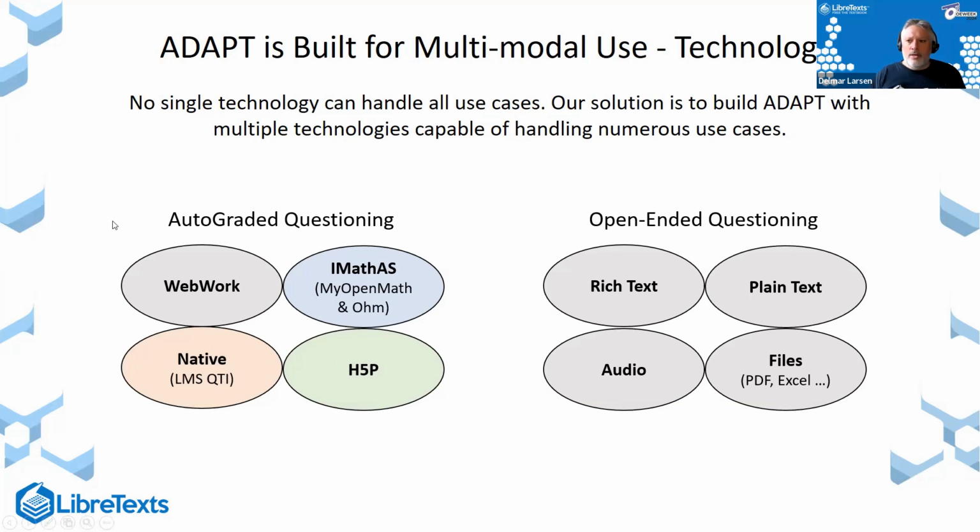So what we did when we started this project is we recognized that no one technology is able to address all the different aspects that we wanted to be able to address, which is all of academia. So in other words, a resource that's good for languages is not necessarily well suited for math. And one that's well suited for math is not necessarily well suited for social sciences.